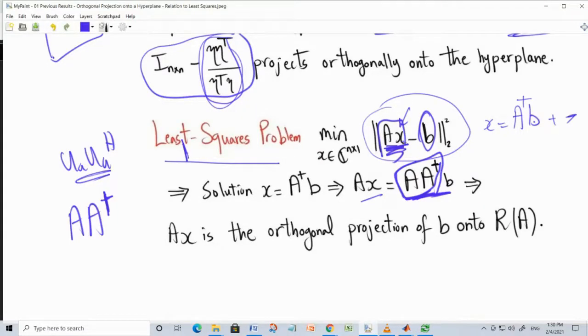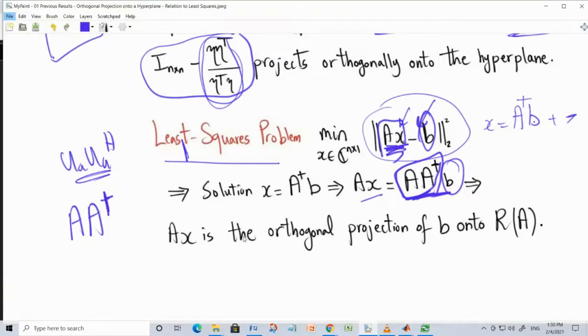Specifically, it's an orthogonal projector onto the range of A along the orthogonal complement of the range of A, and you are applying it to vector b. So when you solve this least squares problem, you may think of it as projecting b orthogonally onto the range of matrix A.